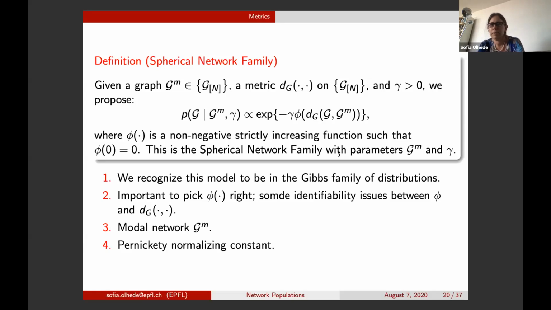But we would also say that this is not the same as exponential random graphs that are super popular. The reason why is that we have a well-defined typical or modal network, G_M, and we're just making up new networks that are slightly away from it. All of the issues that are normally associated with ERGMs are not naturally here because we have this notion of a typical or a modal graph.